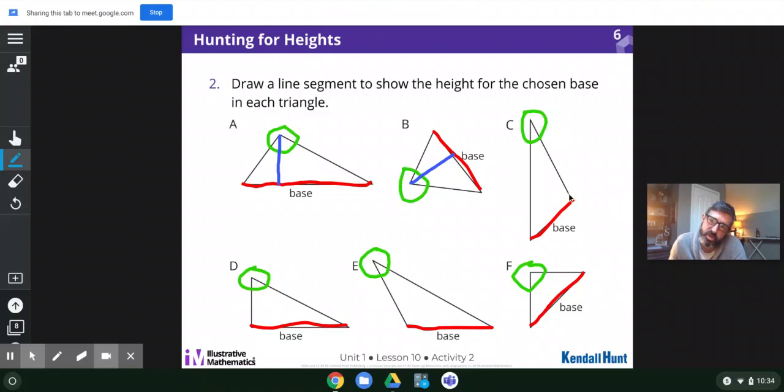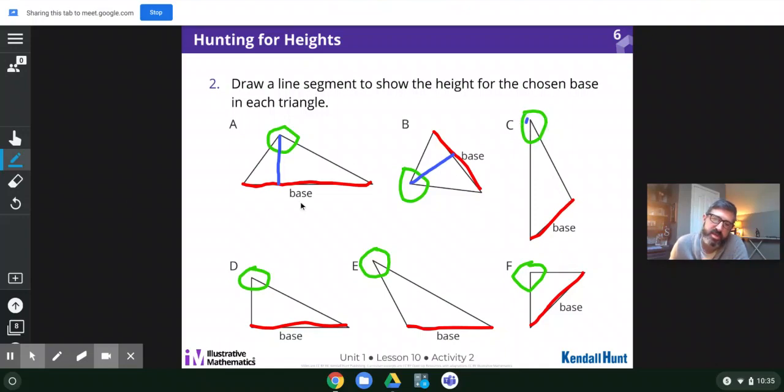Now this one, this is another reason that we use our index card or our ruler. By lining it up with the base and then moving it out until it reaches the opposite vertex, it can tell us whether we're looking at a right triangle or not, and whether that opposite vertex will actually fall directly above the base.